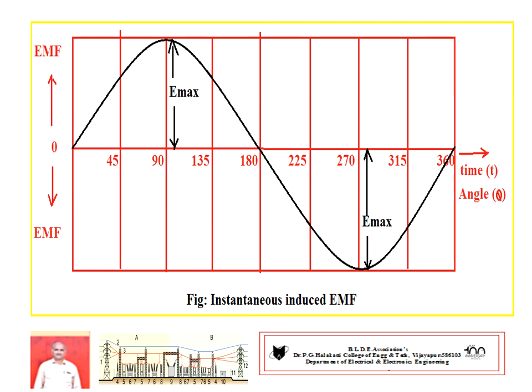So 0 to 180 degree, the waveform present here is known as the positive half cycle. When it reaches the maximum at position number 3, that is theta equal to 90 degree, maximum EMF is reached when d phi by dt is maximum.